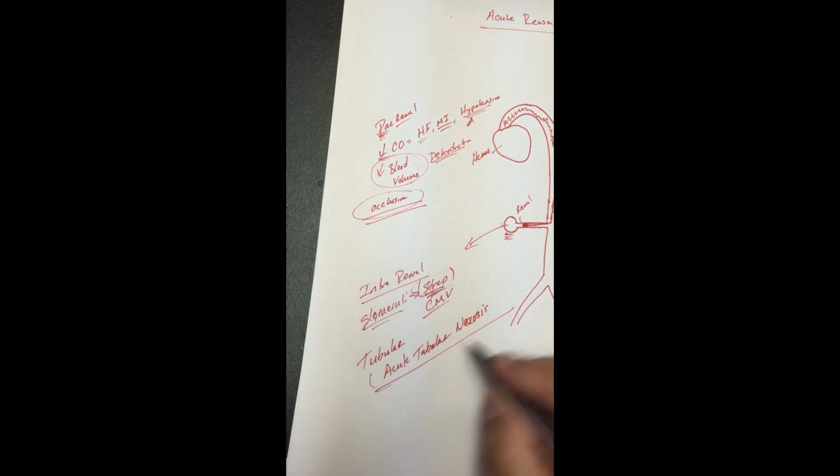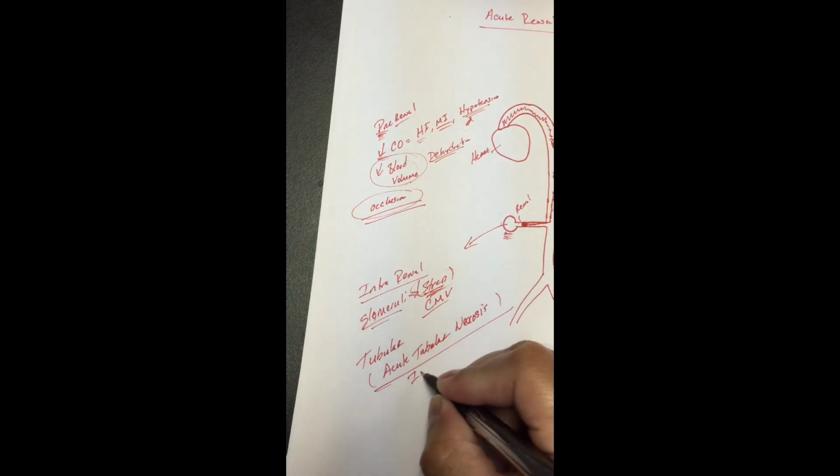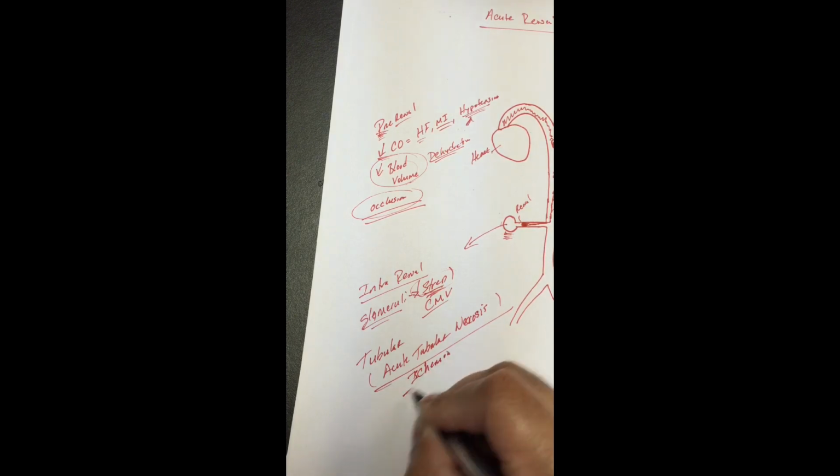And in acute tubular necrosis, the cause for this is ischemia. Again, decreased blood supply. So if you have ischemia, you have less blood supply to the kidney, meaning less oxygen supply, which again causes damage, in this case to the tubules of the kidney.